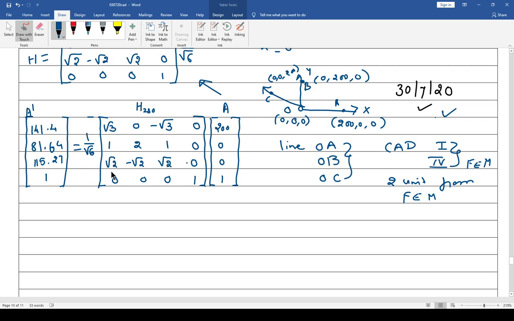Sine of 30 to 200. Again, I think there is an issue with this answer also. Just try to find out the correct one.